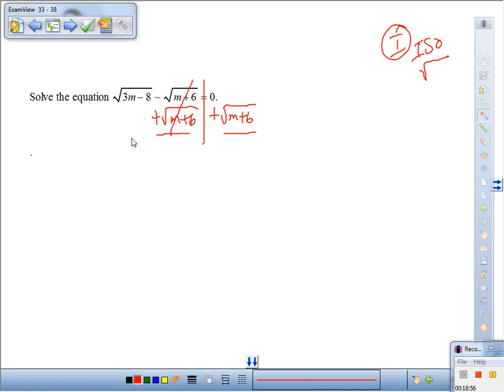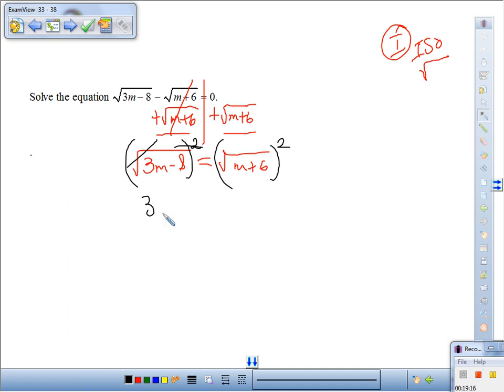That leaves me with square root of 3m minus 8 equals square root of m plus 6. At that point, how do we cancel these radicals? Square it. So we square this side and square that side. This cancels this. We're left with 3m minus 8 equals m plus 6.